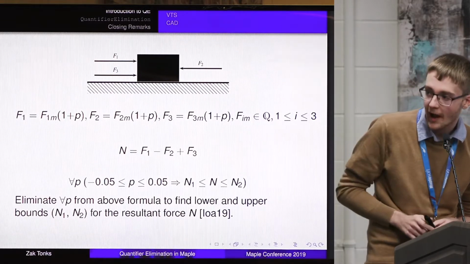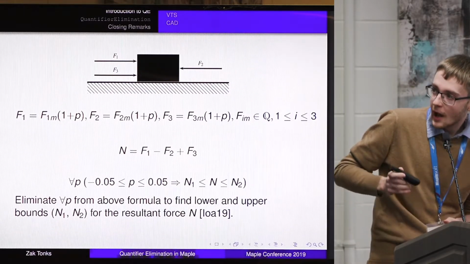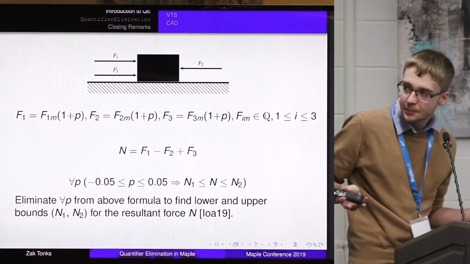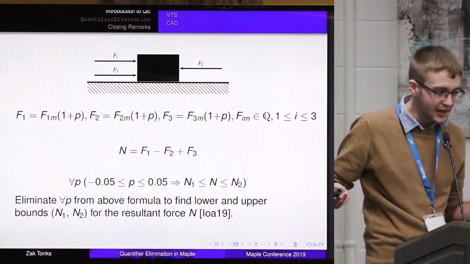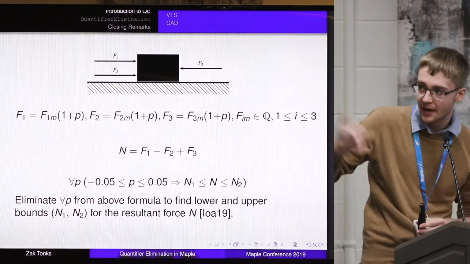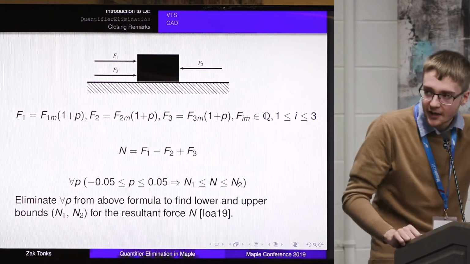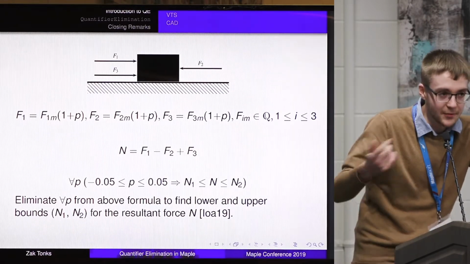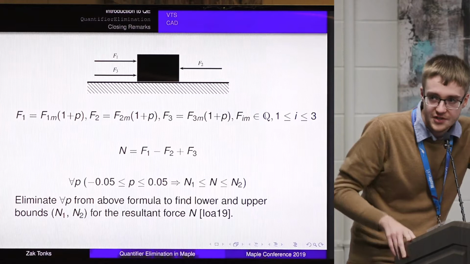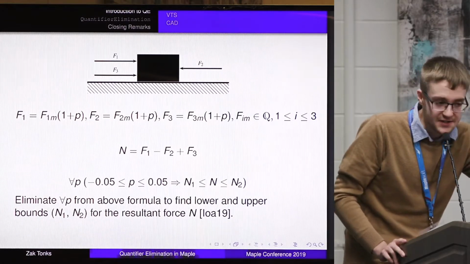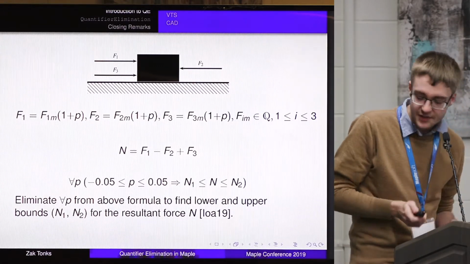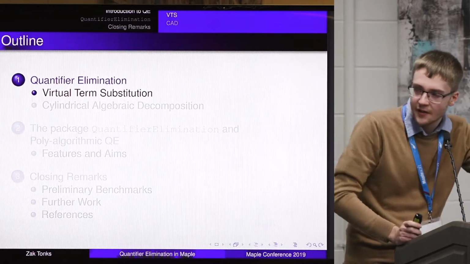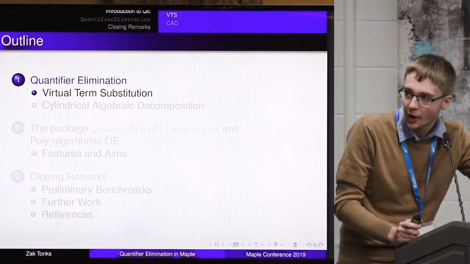This is a really weird application of QE. It's completely linear, so something like linear programming would probably be better for this. I'll embarrass myself later by doing this problem via my kit, and that will demonstrate one of the deficiencies of VTS as it is. But these things can crop up everywhere. So let's get into VTS. This talk shouldn't be too technical. I don't want to overwhelm you.